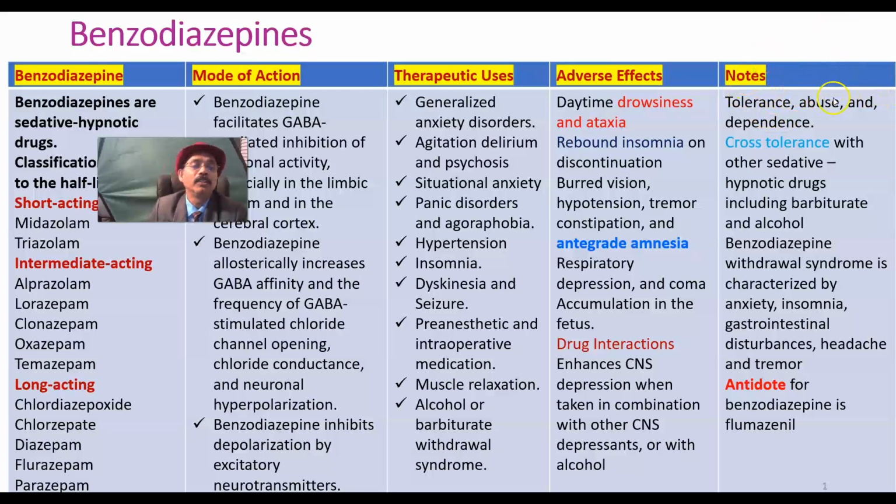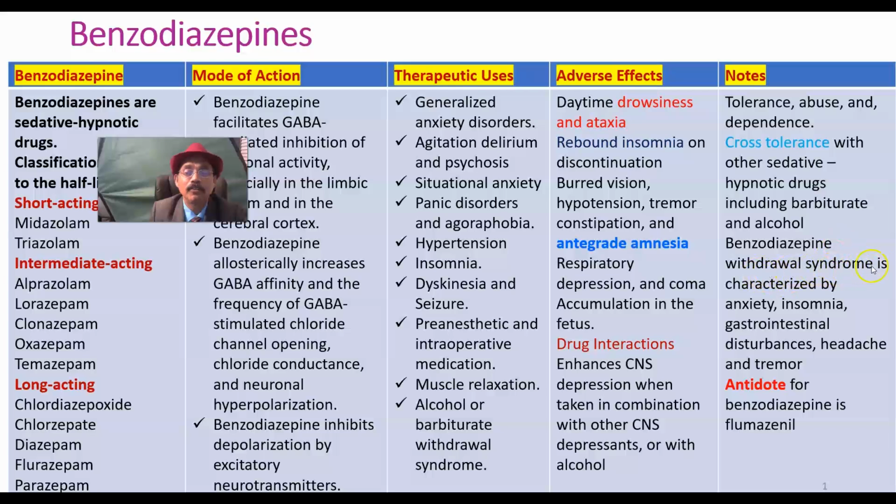Abuse, especially by persons who deal with medication, like hospital doctors or nurses. And dependence on this medication. Cross tolerance with other sedative hypnotic drugs, including barbiturates and alcohol, is possible.